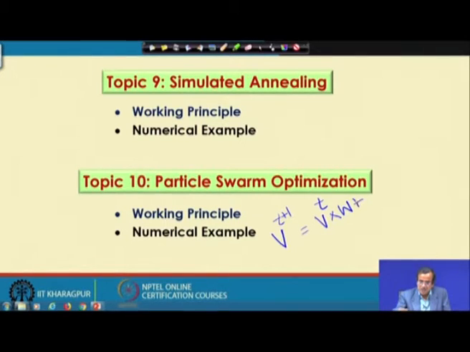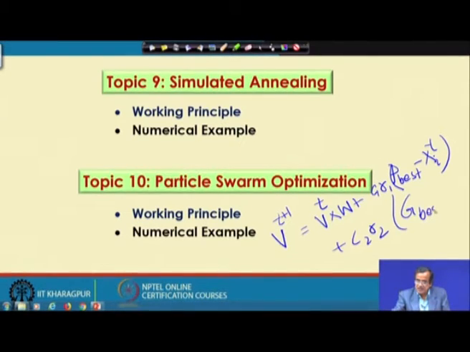Next, we consider some cognitive component, that is C 1 R 1 multiplied by p best, which I am going to explain, minus the value of the variable x i t, plus C 2 R 2, the global best g best, minus x i t. So, this is the way we update the velocity.